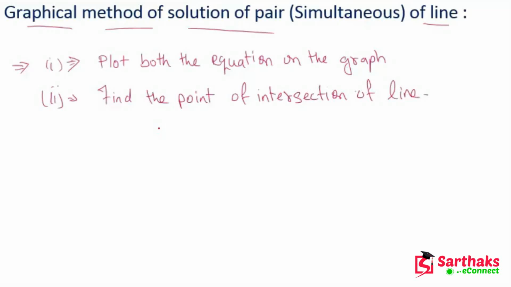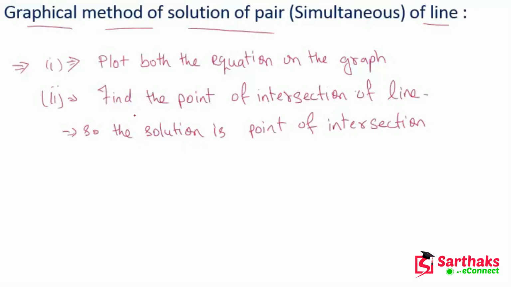I hope you get this point. So now, the point of intersection is what? It is the solution. So the solution is the point of intersection. I hope you get this point.